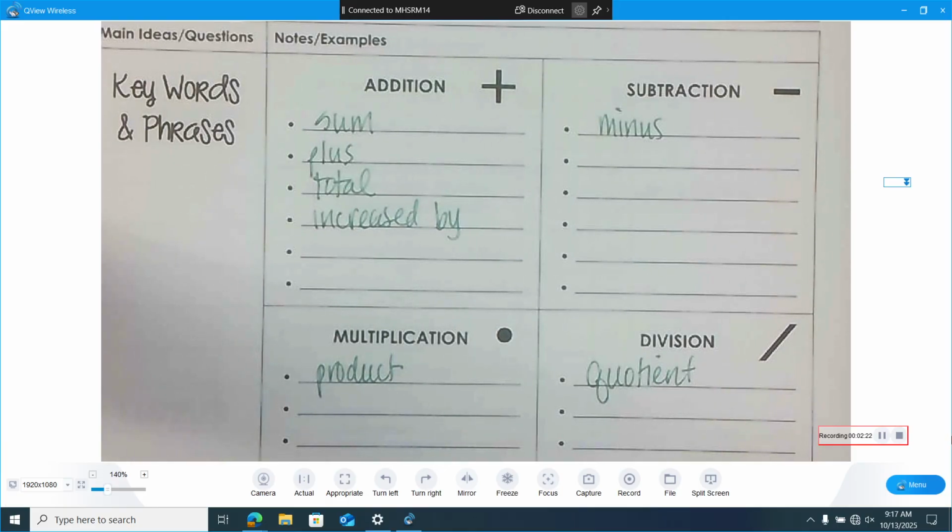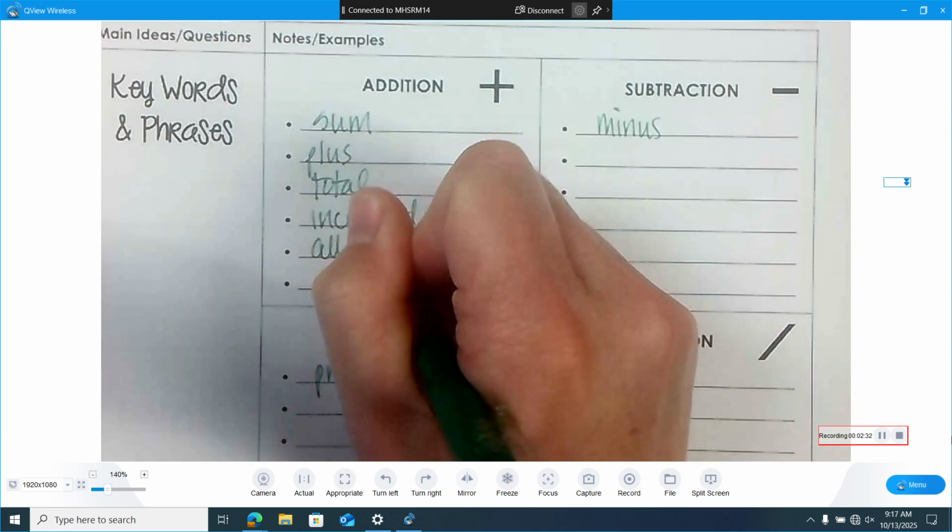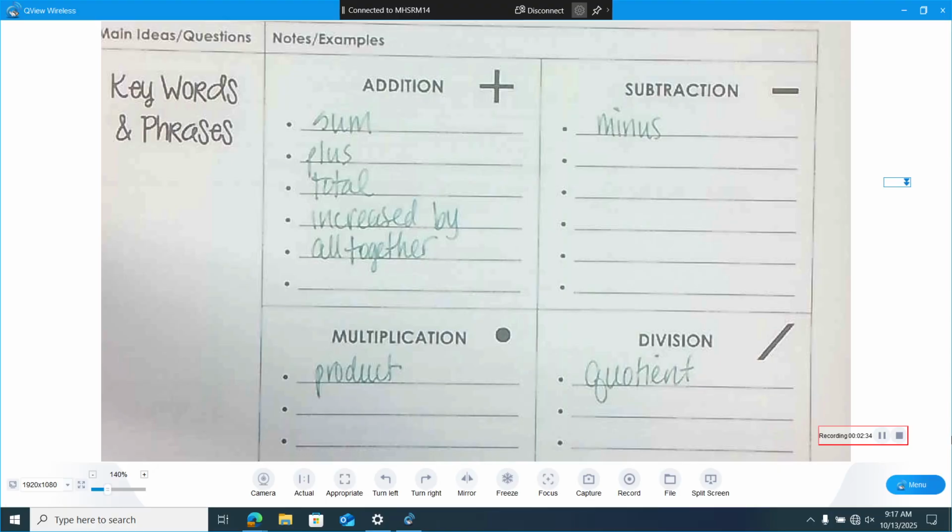What if I said, how many books did Bill and June read all together? What would all together imply? Addition as well, yeah, all together. All right. What if I said, Bob had 7 apples and ate 3. How many are left?